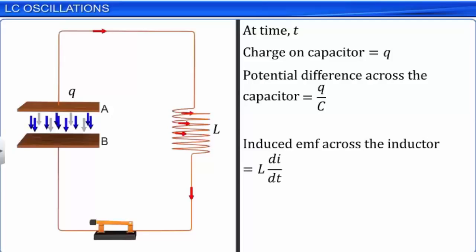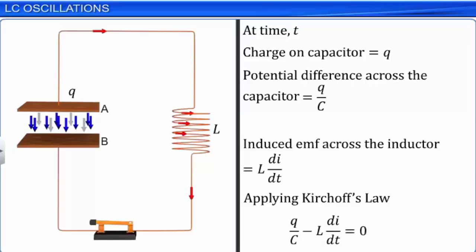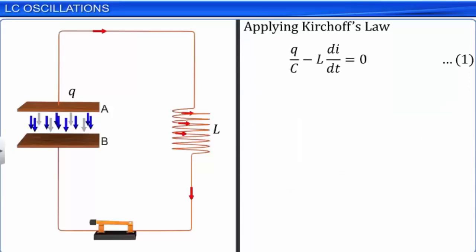By applying Kirchhoff's law for the circuit, we get Q by C minus L di by dt is equal to 0. Let this be equation 1. As the charge Q on the capacitor decreases, the current in the circuit, dQ by dt, becomes negative.